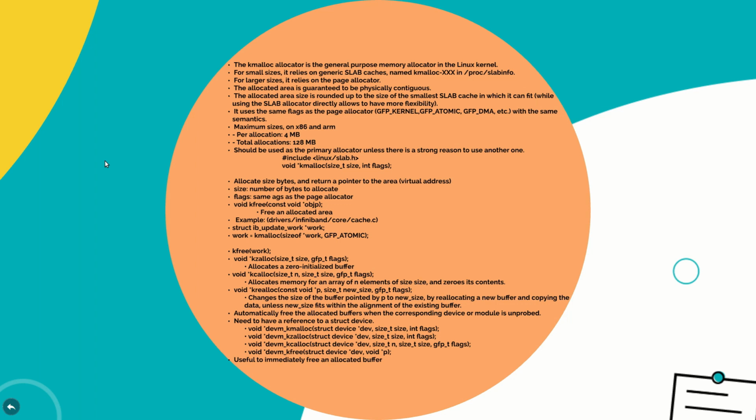The devm functions automatically free the allocated buffer when the corresponding device or module is unprobed. There are some other functions which need a reference to a struct device: devm_kmalloc, devm_kzalloc, devm_kcalloc, and devm_kfree. The devm_kfree is useful to immediately free an allocated buffer. Okay.